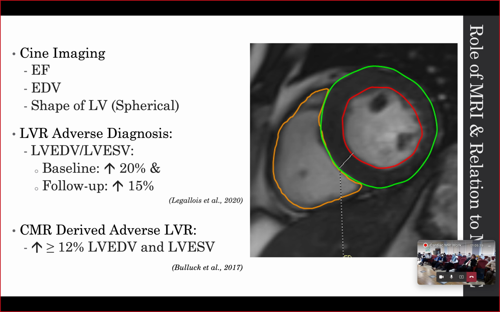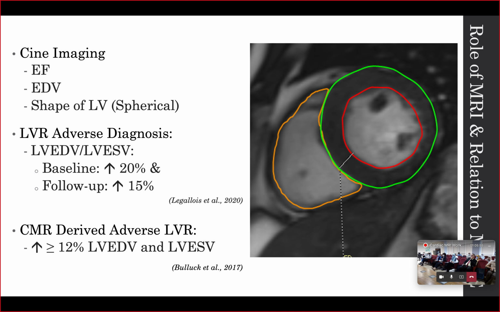So measuring the end diastolic and end systolic volume is crucial for those patients. During the follow-up after 6 months, any increase of 12% in the left ventricular end diastolic and systolic volume would indicate a negative remodeling, which indicates a bad prognosis for this patient.